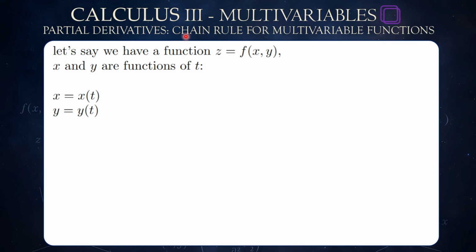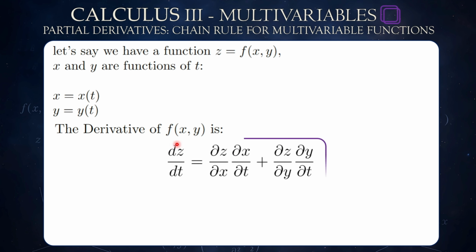Partial derivatives, chain rule for multivariable functions. So let's say we have a function z equals f(x,y), and x and y are functions of t. So x equals x(t) and y equals y(t). The derivative dz over dt is equal to dz over dx times dx over dt plus dz over dy times dy over dt.